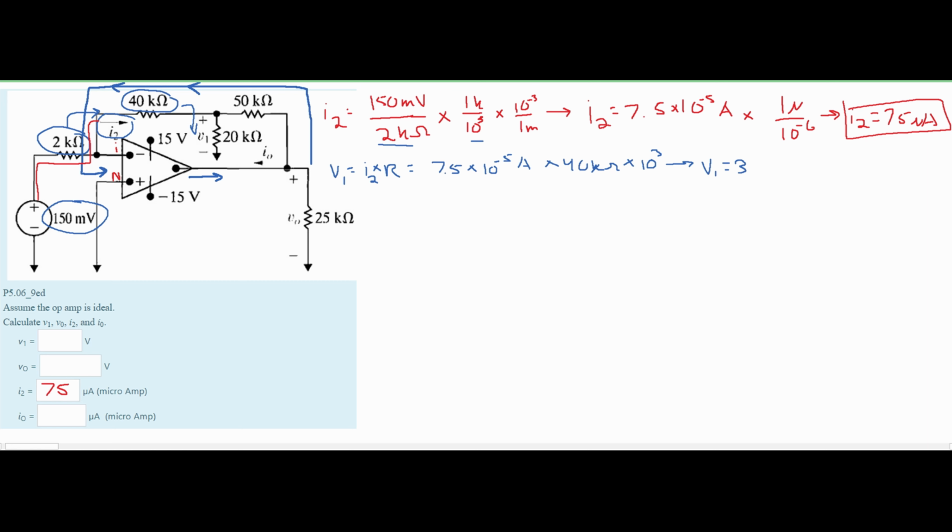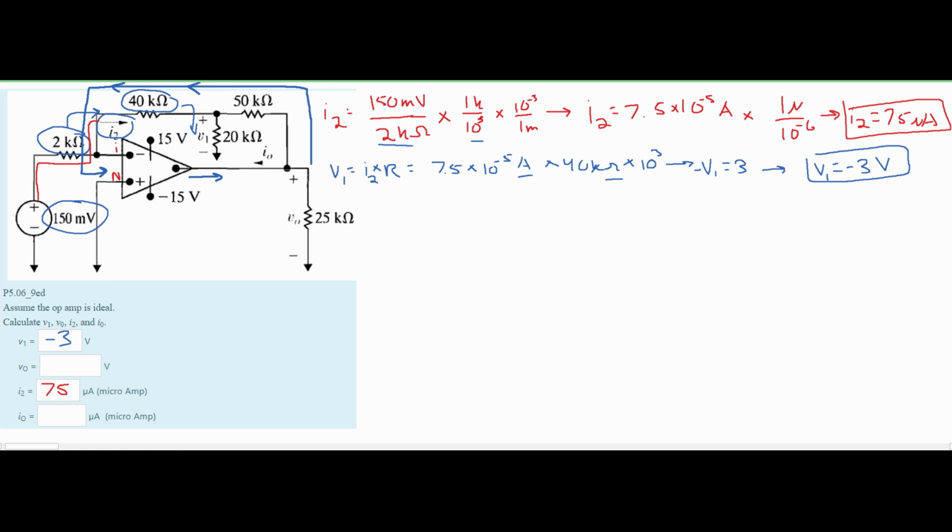And we can see that this voltage is going to be going in the opposite direction of our current. And we know that if voltage is going in the opposite direction of our current, we're going to have a minus. So the actual answer is V1 is equal to a negative 3. And the units for this is going to be volts because we have amps times ohms. So this is the answer for our V1.